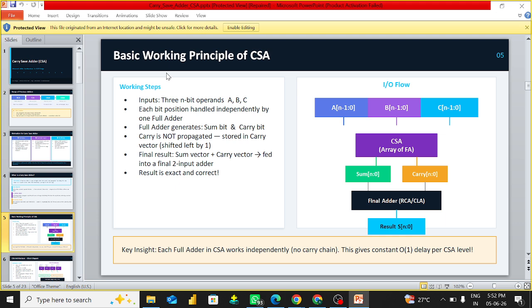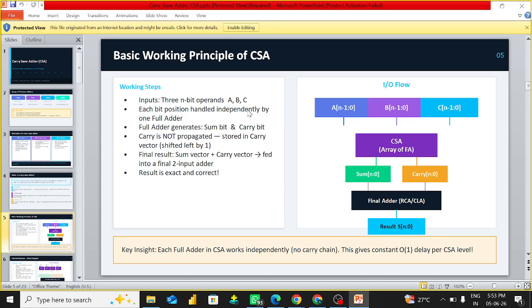So how does this CSA work then? Let us understand how CSA actually works. Suppose we have three numbers A, B, and C. Every bit position gets one full adder. Think your A, B, C have n bits, like 4 bits, 4 bits, 4 bits.